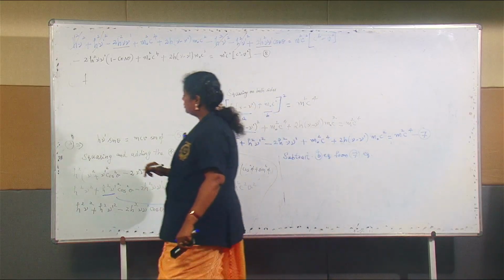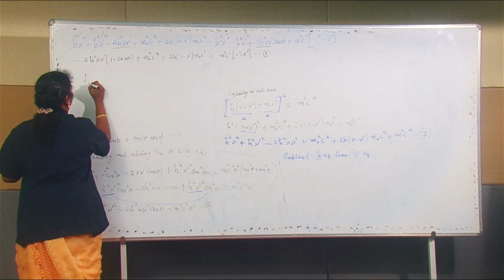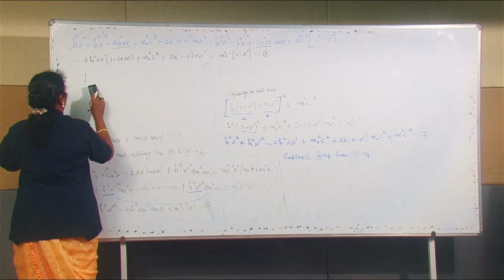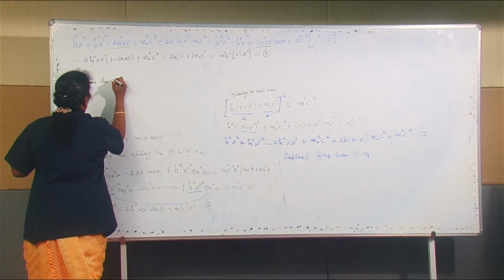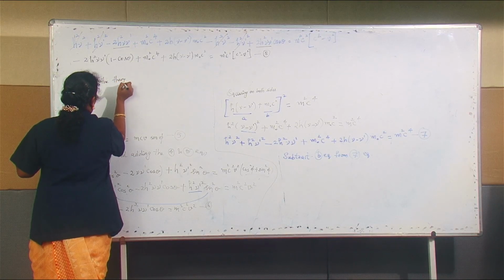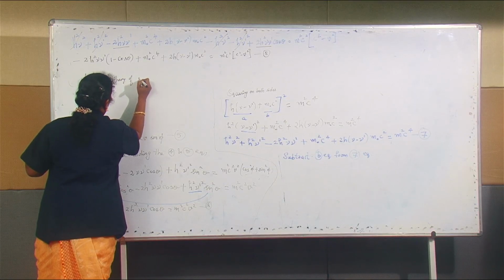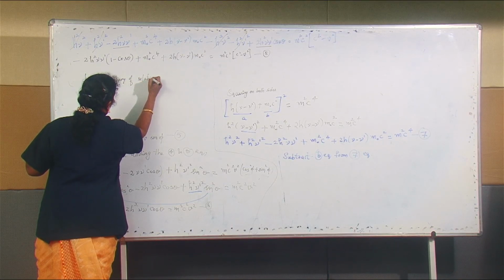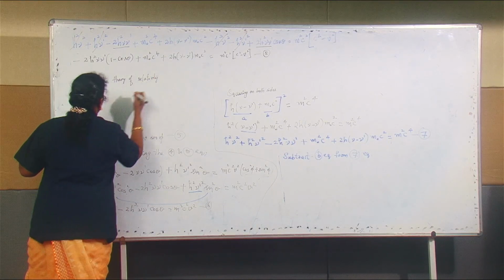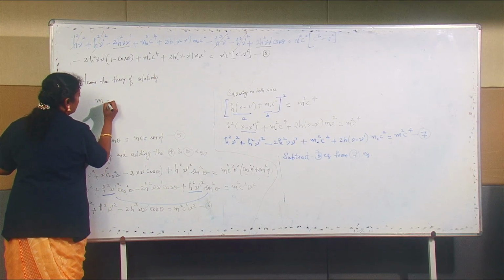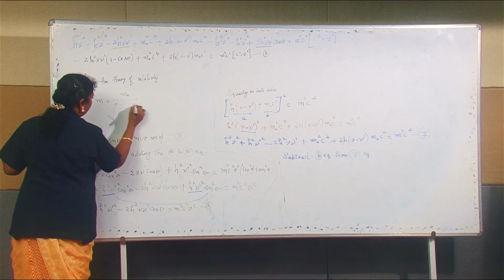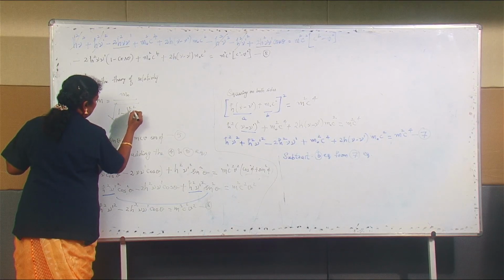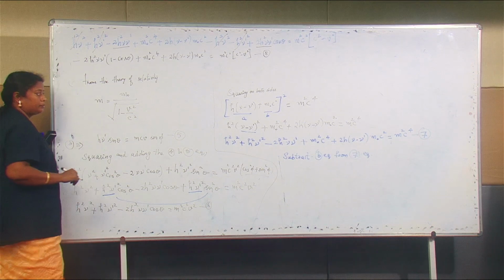Okay, now from the theory of relativity, we know the equation m is equal to m naught by root of 1 minus v squared by c squared.